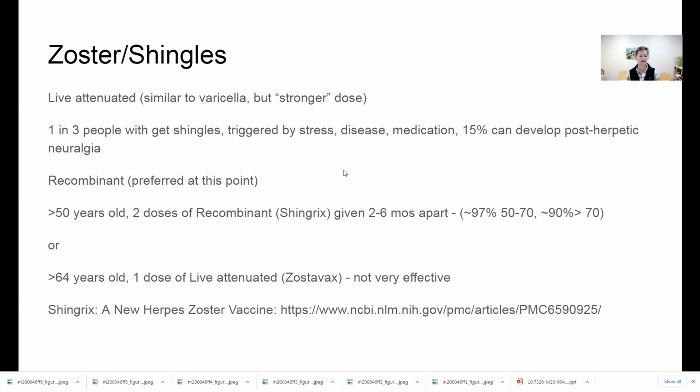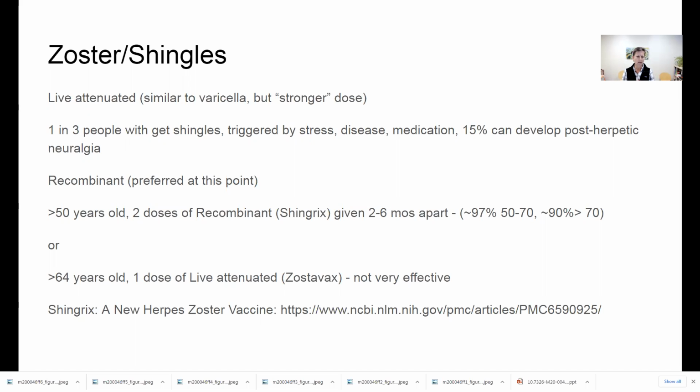So zoster and shingles, this has been a hot question for me recently. This again is live attenuated or recombinant. And so 1 in 3 people will get shingles, often triggered by stress, disease, medications. 15% of the 33% can get this post-herpetic neuralgia, and that's kind of the dreaded thing.